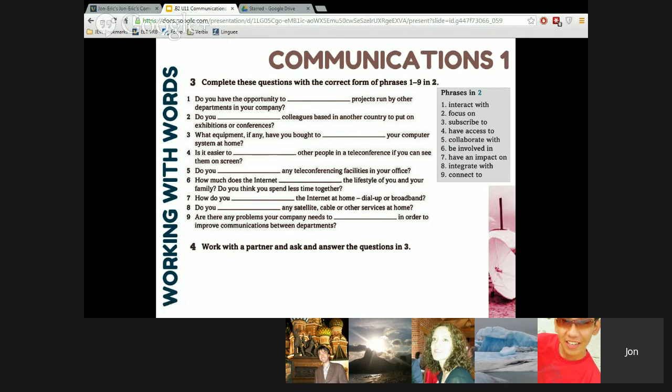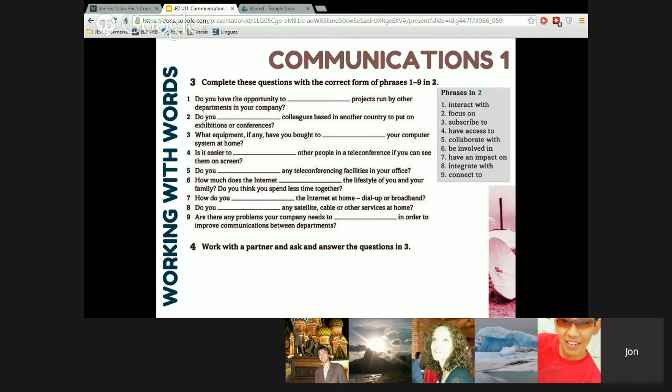Do you have the opportunity to blank projects run by other departments in your company? Do you have opportunity to collaborate with projects? You can't collaborate with projects. You can only collaborate with people.